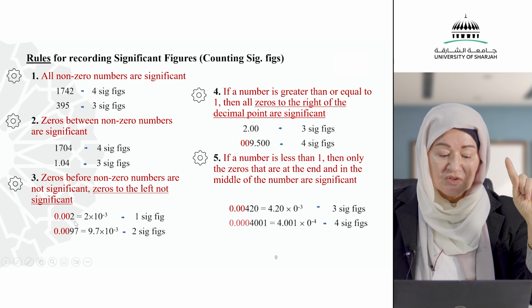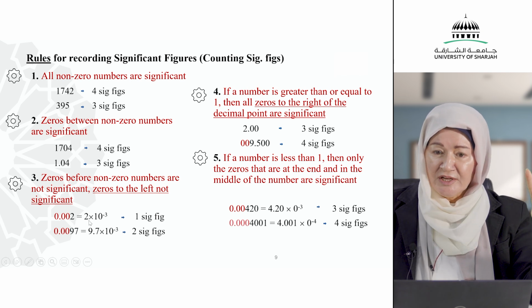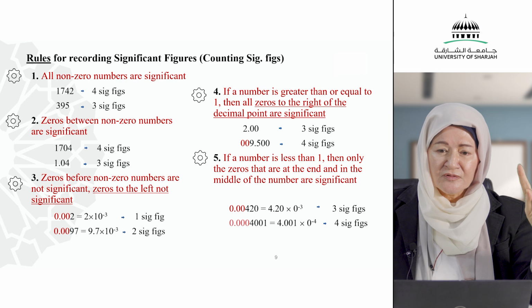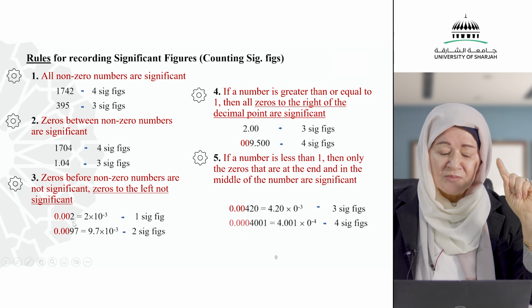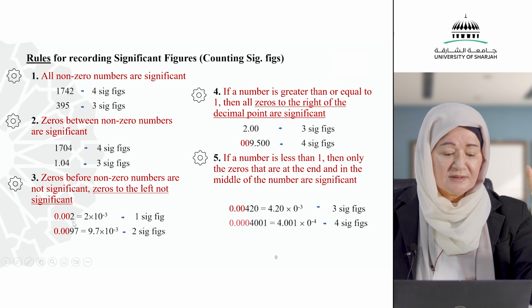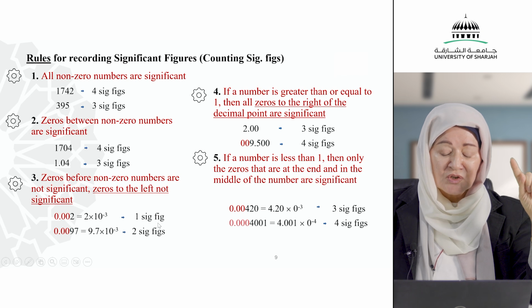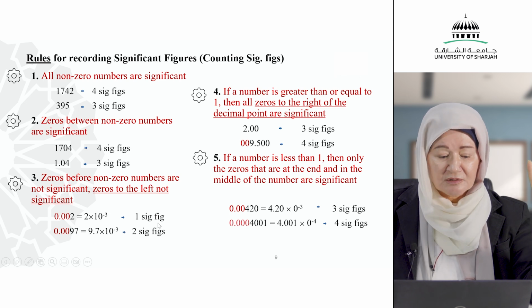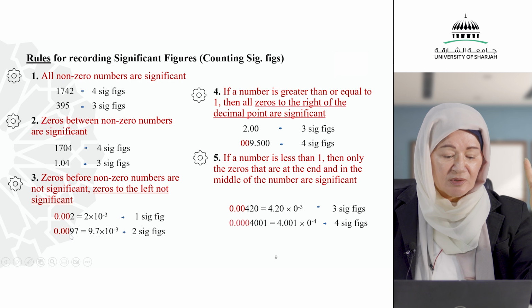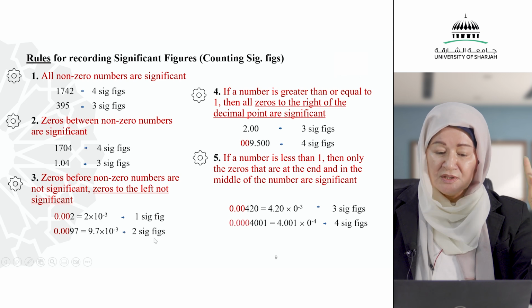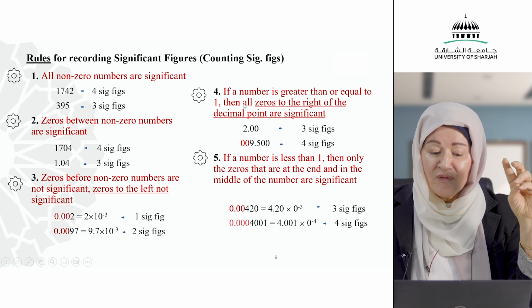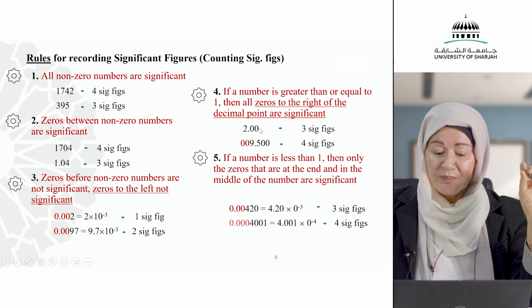The 2, written in scientific notation, I'm going to explain scientific notation later in one of the videos, but here I'm just telling you how we write it: 2 times 10 to the minus 3. This is considered to be one significant figure. The second example, zeros to the left, not significant. But here, how many significant figures do I have? 2 significant.